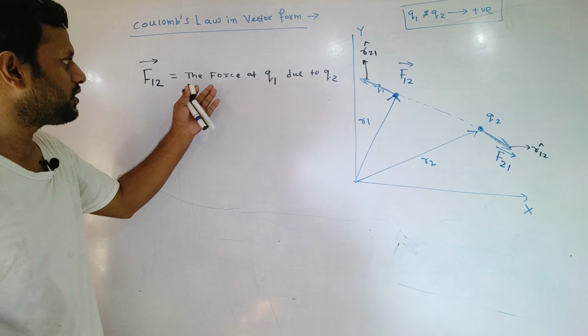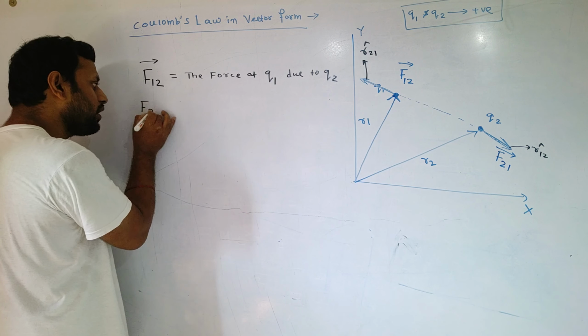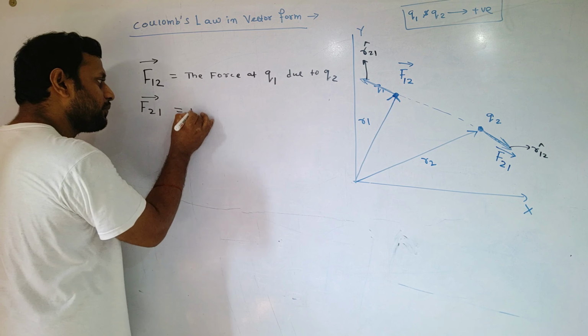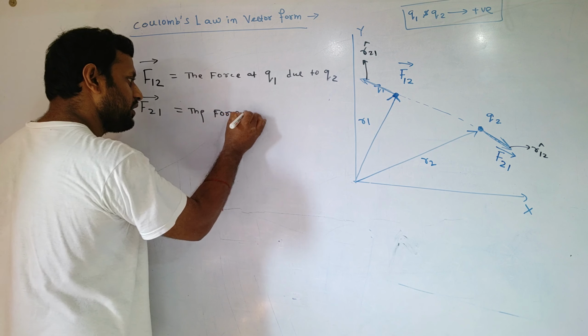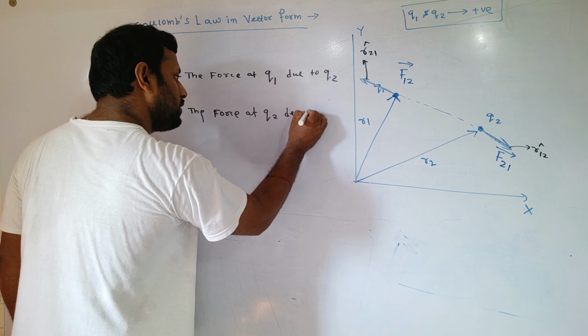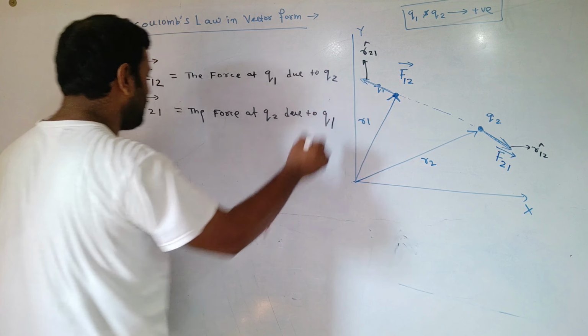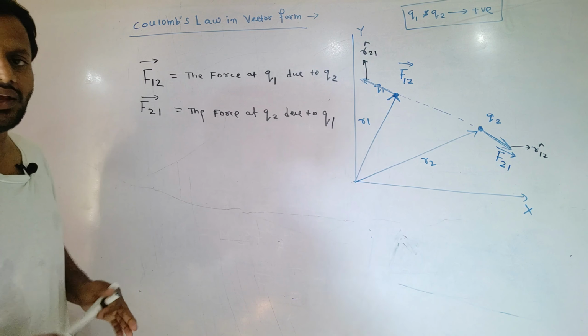Similarly, F21 means the force at q2 due to q1.